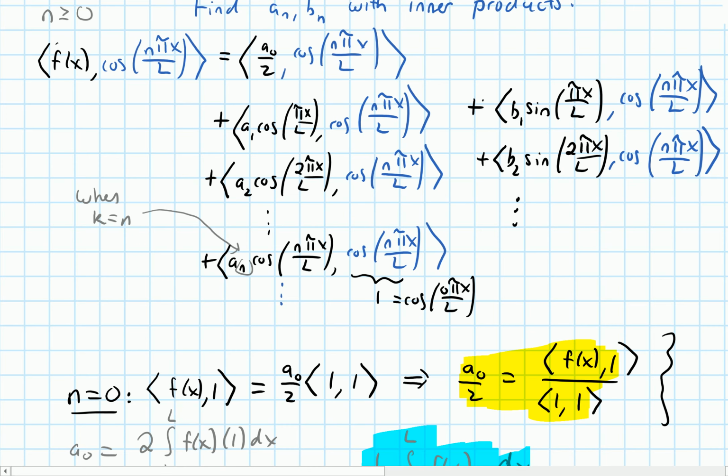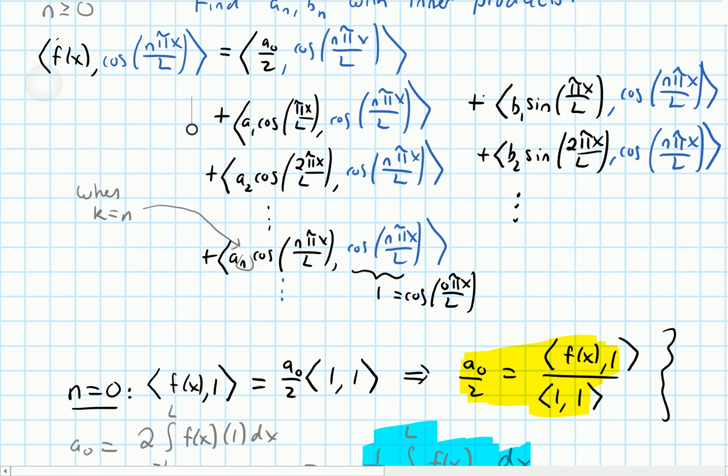So when n is not 0, then the only term that's going to survive is where the two functions that are being inner producted are the same. And that's this one. This one's going to survive. Everything else is going to become 0 because these other sets of functions are all orthogonal. That's why their inner products are going to become 0.